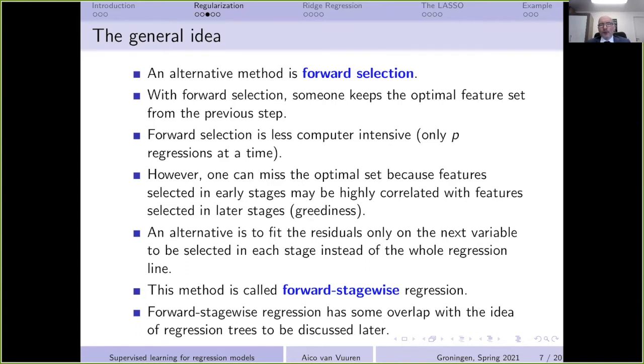Well, that means, of course, that if we already know these 2 regressors that we have included, then this original regressor doesn't give us that much information. And therefore, it may actually be better to leave it out if we have already included those other regressors. But that's not possible with forward selection.